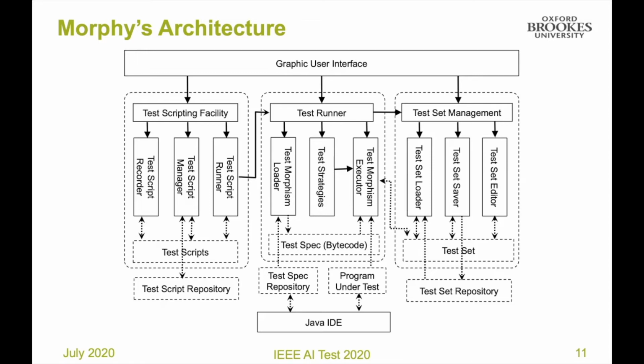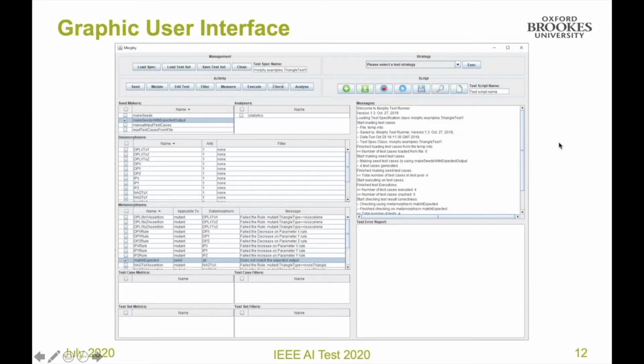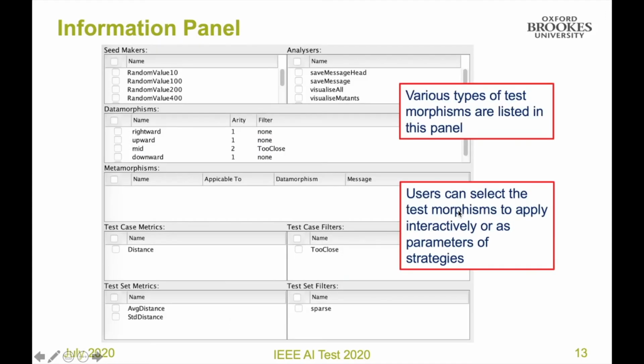These are supported by a graphical user interface, so the user can invoke the functionalities with a click of buttons. This is the picture of the graphical user interface. On top are the buttons to implement various types of functions of the tool, and the bottom part is the information for the testing system.